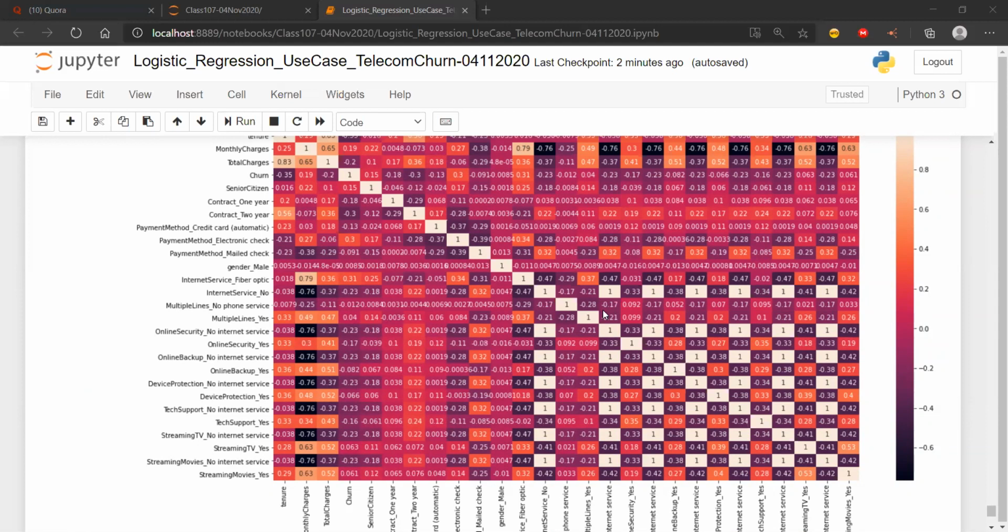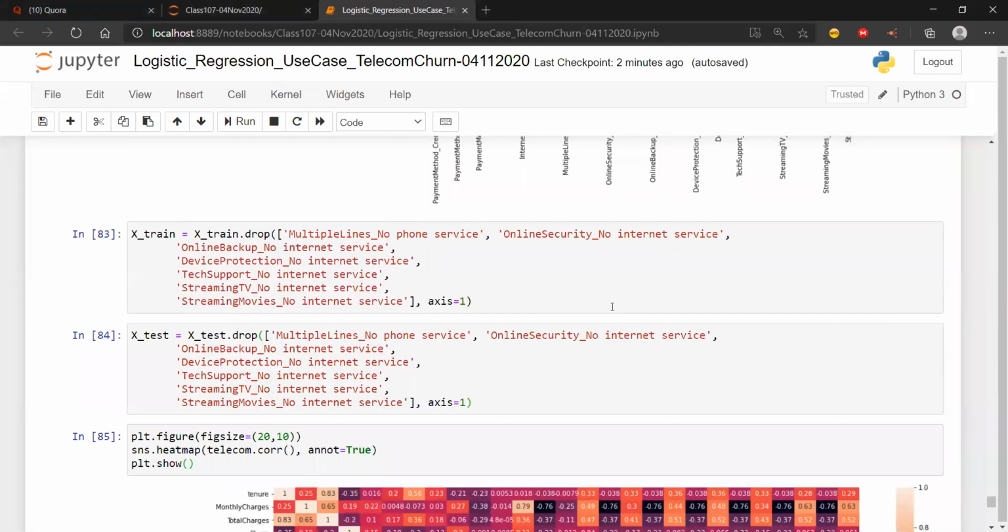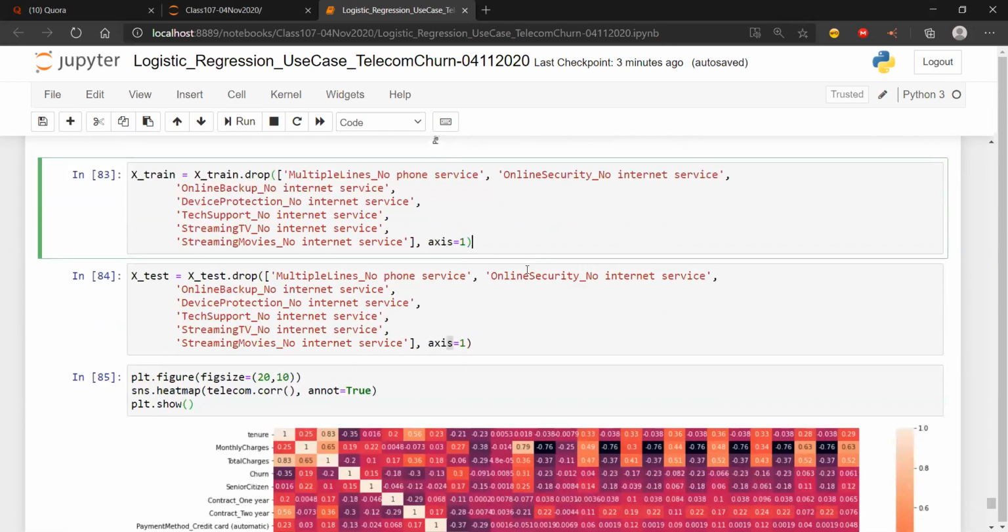Axis equal to 1 means I am dropping those columns. All the rows are not dropped, so it is not selective rows.